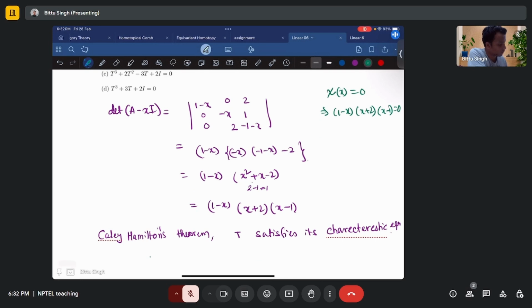Instead of x, we put T, so we have (I minus T)(T plus 2I)(T minus I). Wherever there is a scalar, we replace it by the identity I. So T will satisfy this equation.